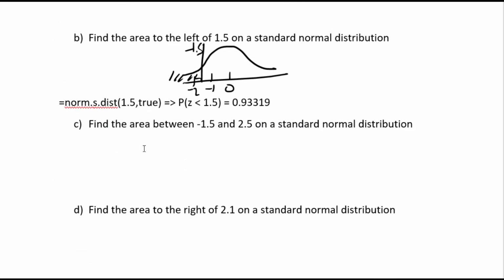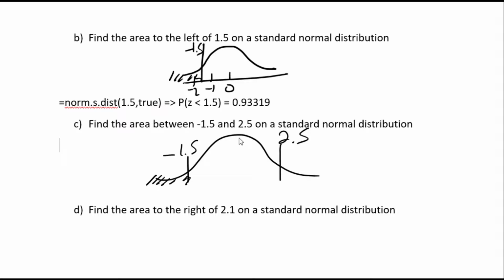Now let's do the area between -1.5 and 2.5. In order to get that area, remember you're looking at between -1.5 and 2.5. So you're going to find the area to the left of each. Normally you look it up from the chart, but we're going to use the function on Excel.